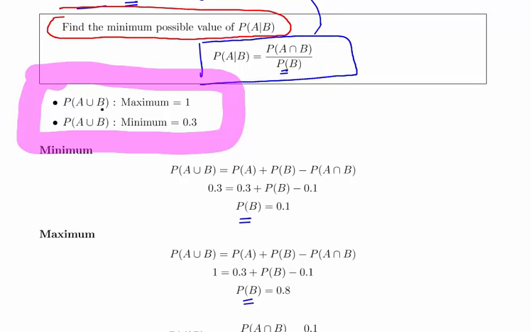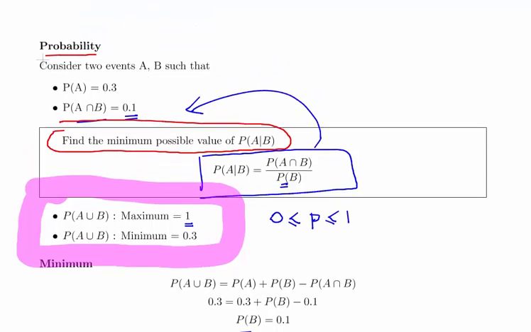The maximum value for the probability of A union B is simply 1. That's just relying on the fundamental rules of probability, that a probability value can take any value between 0 and 1. So we're not given any information to contradict that maximum.